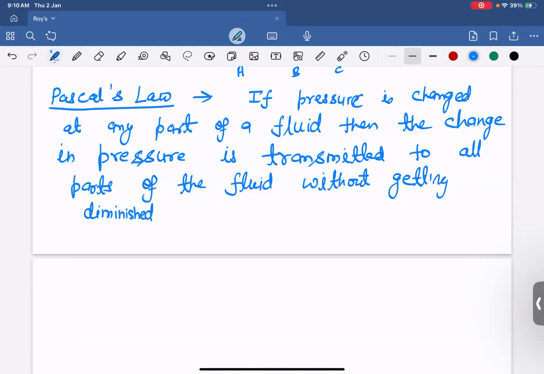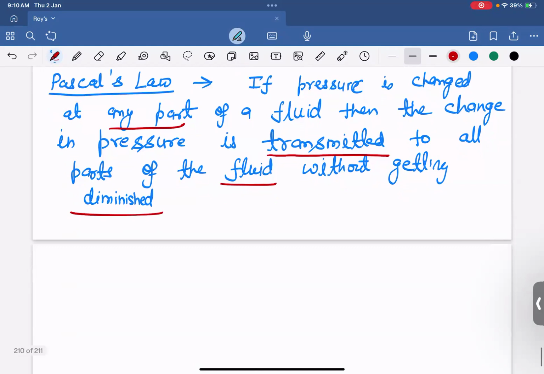This is a very important law that says that if I change pressure at any part, then that change in pressure will be transmitted everywhere in the fluid, and its value will not decrease. Without getting diminished, it will flow. I'll explain it with an example, but first you write this statement.